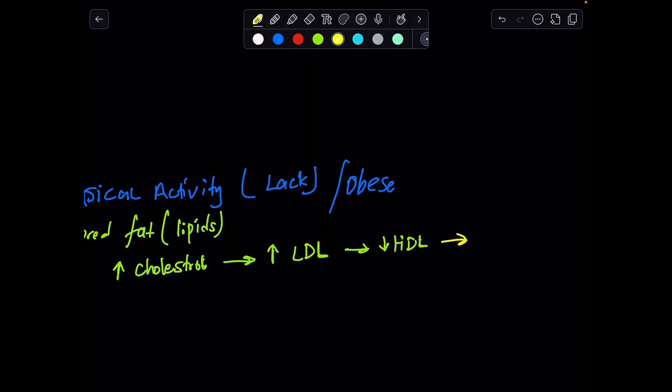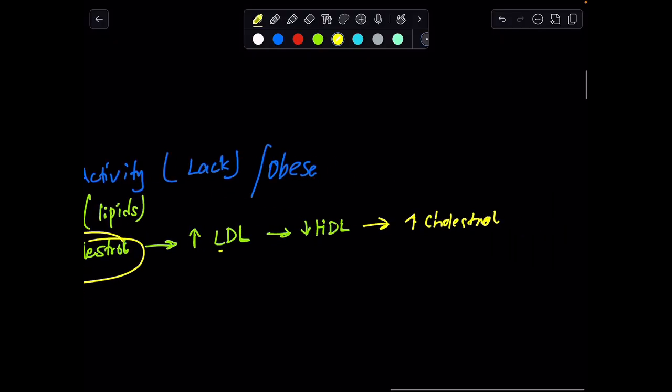I already put this here: more lazy Luffy and less helpful, more cholesterol. And more cholesterol means plaque. It's pretty self-explanatory there.